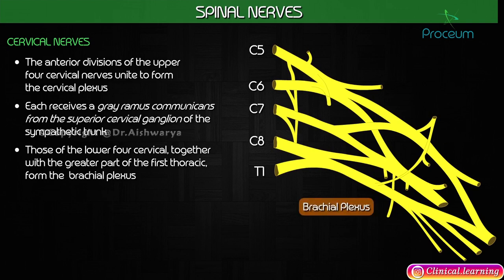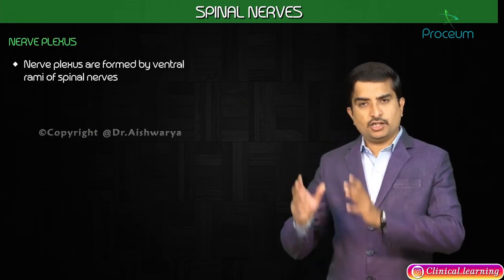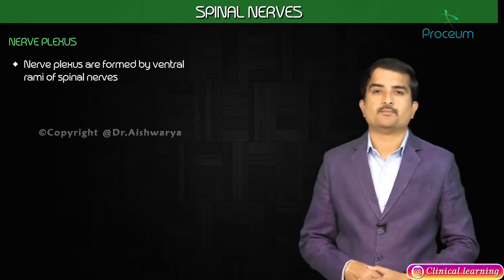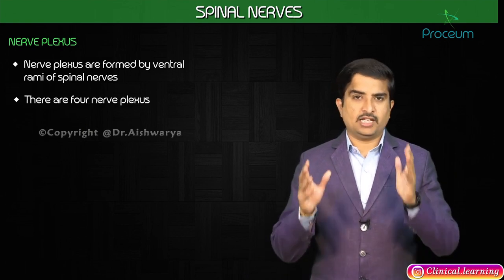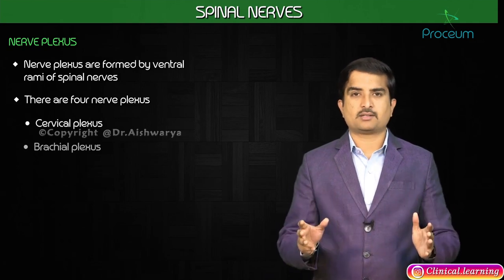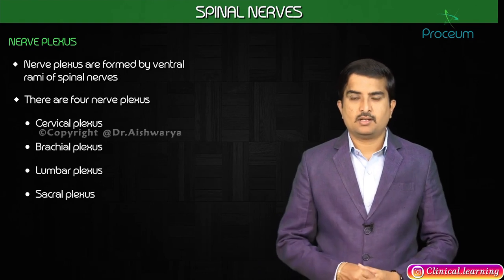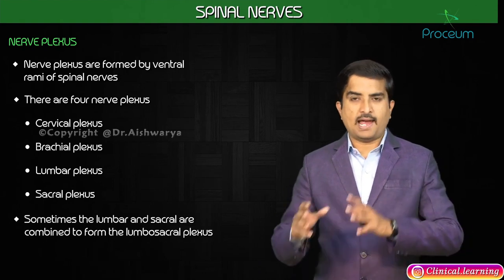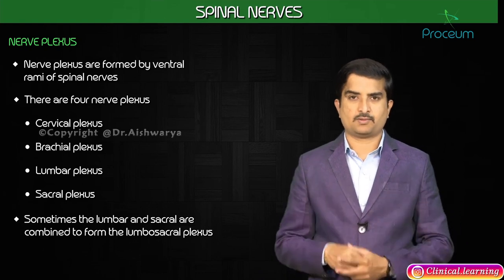An important point over here is that the nerve plexuses are formed by the ventral rami only. And in total there are 4 nerve plexuses in our body: cervical plexus, brachial plexus, lumbar plexus and the sacral plexus. Sometimes the lumbar and sacral are combined to form the lumbosacral plexus.